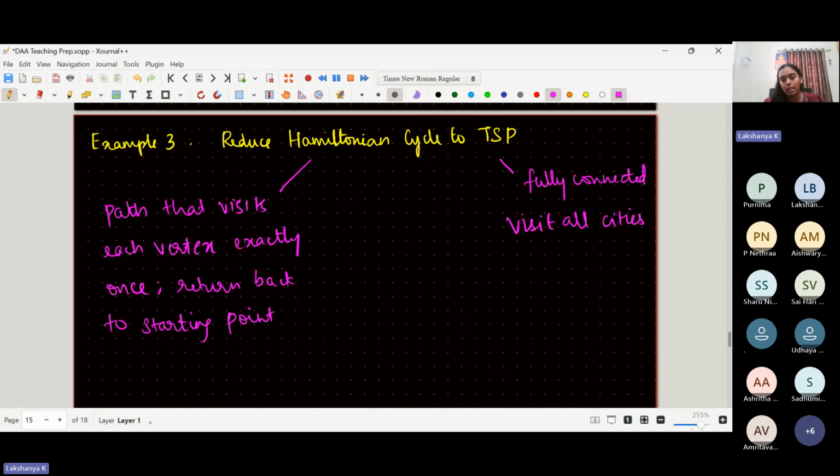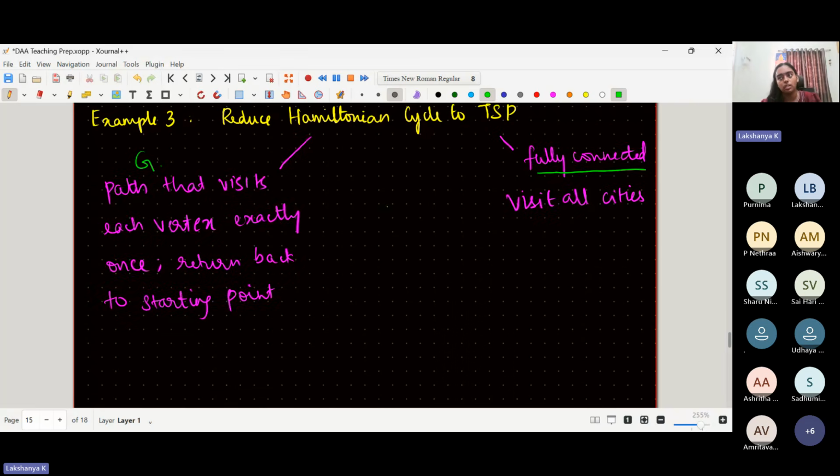Just by looking at the problem definitions, you can sense that there are similarities. The only thing is TSP is a fully connected graph, while the graph given to you for Hamiltonian cycle need not be fully connected. So we have to use a TSP solving machine to get a Hamiltonian cycle. This is the question. Is this clear?